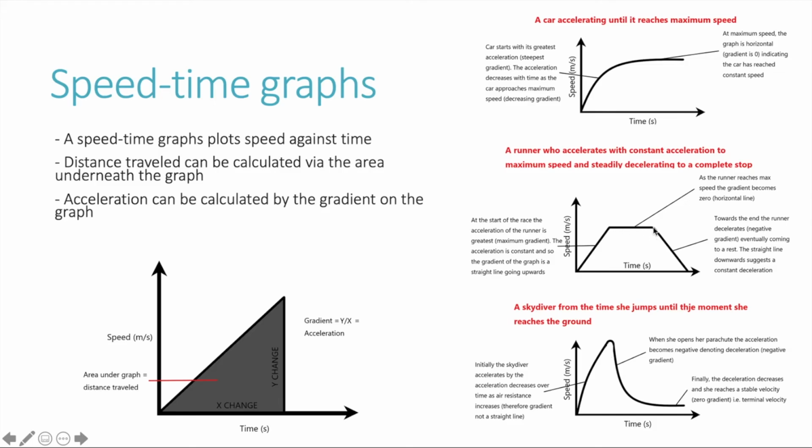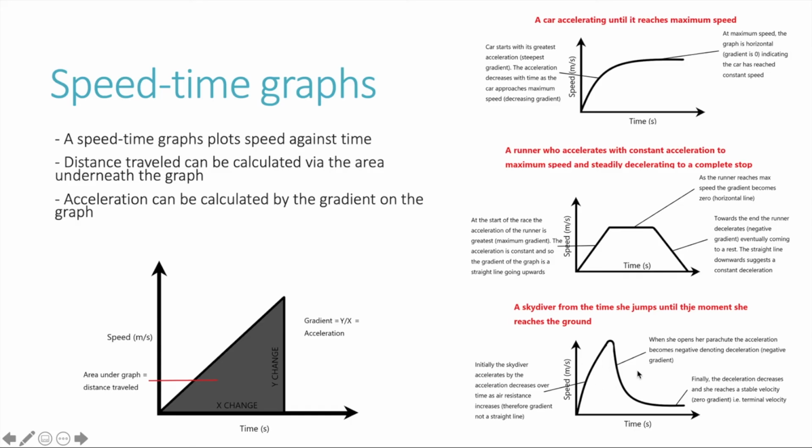Eventually the speed starts to go downwards, meaning that the runner is losing speed, and therefore they are decelerating, eventually coming to a complete stop, which is when the speed hits zero right at the end there.